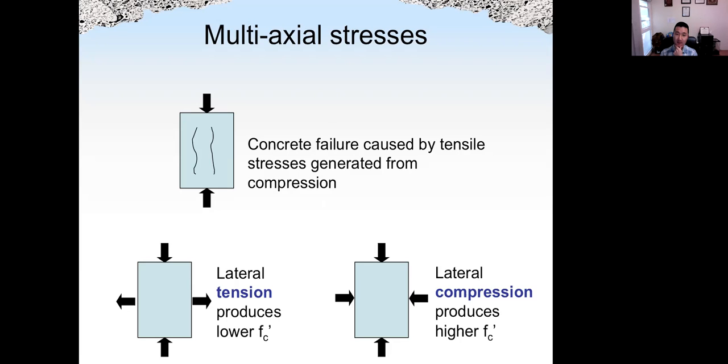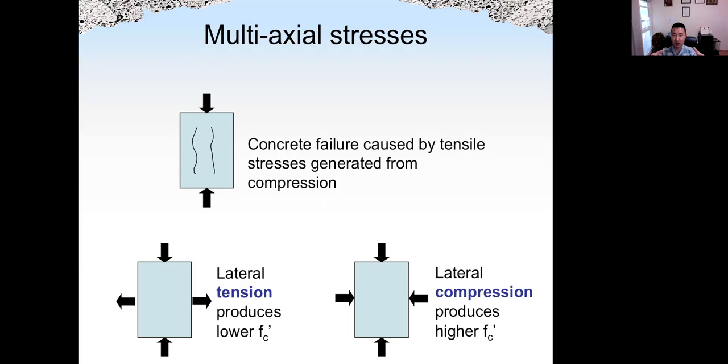Okay, when we compress the cylinder, the concrete specimen is only under the vertical load, and the concrete will fail caused by the tensile stress generated in the horizontal directions. Okay, this is because when you compress the material, it will try to expand.